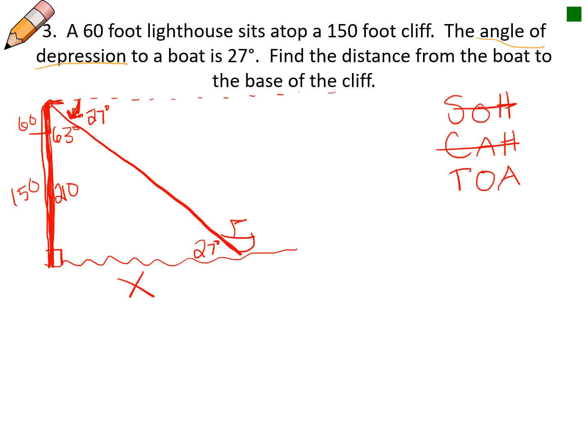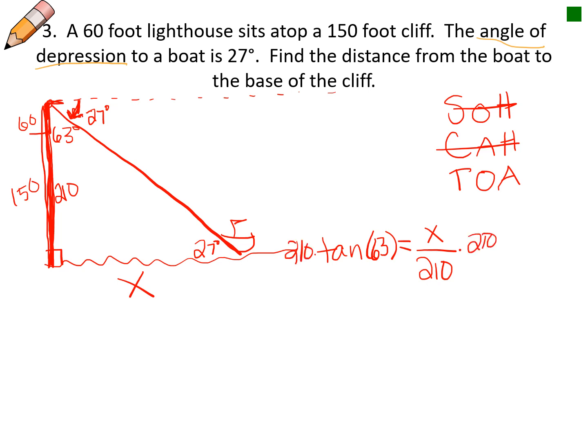So I'm going to use tangent of 63. So tangent of 63 degrees is equal to the opposite side, which is x, all over the height, which is 210. Remember, we're adding the 60 plus 150 to get a height of 210. So we multiply both sides by 210.